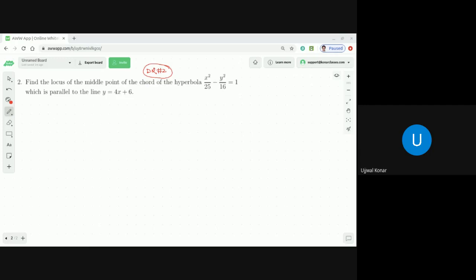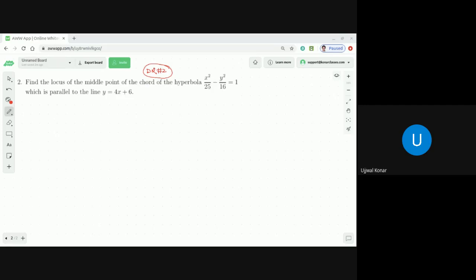Now, according to the given equation, we need to find the locus of the point alpha comma beta. How are we going to do it? Only by leveraging these two statements.